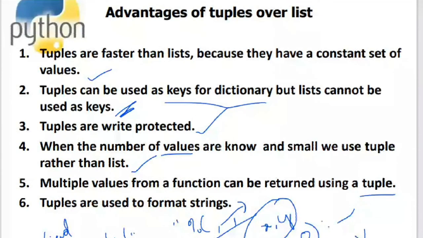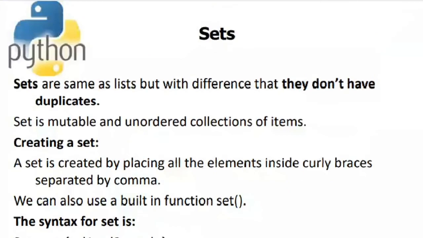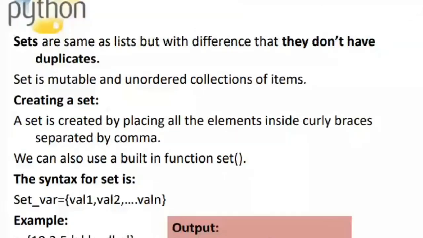Yes, ma'am. Okay, so we have finished lists and tuples. Today, we get into the concept of sets. So what is a set? Sets are the same as lists, but with the difference that they don't have duplicates. There cannot be duplicates inside a set value, but it's not an error.